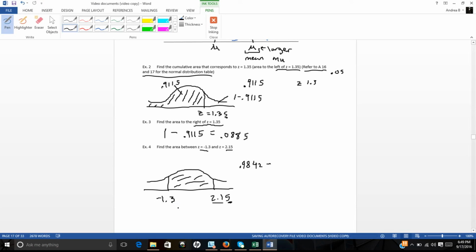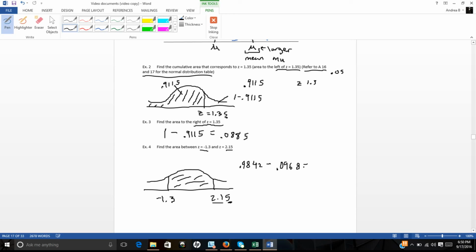If you go down to negative 1.3 and then over to 0.00, it looks like you should get 0.0968. And you do want to make sure that you're writing out all 4 digits for these problems. Otherwise, your values are going to be off. All of these values are very close to each other for the area, so make sure you're writing all of the digits down.